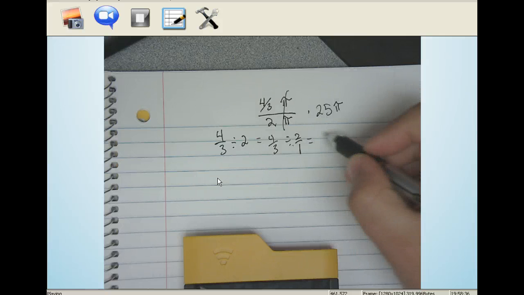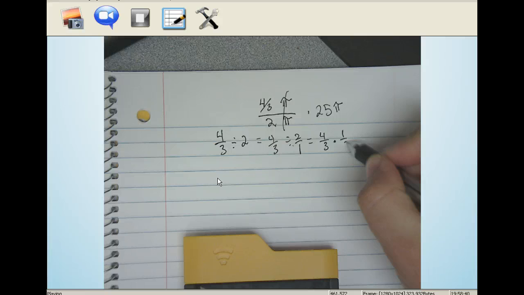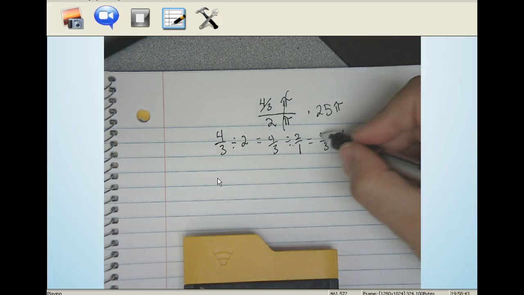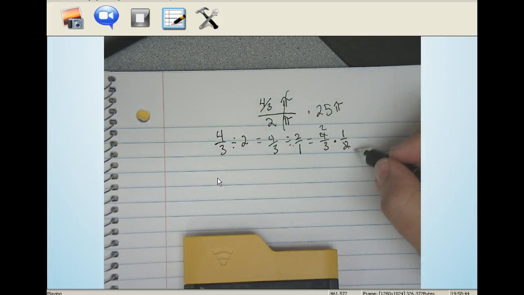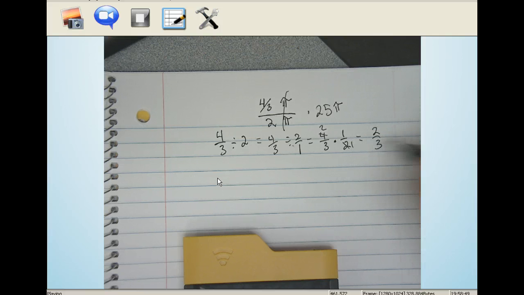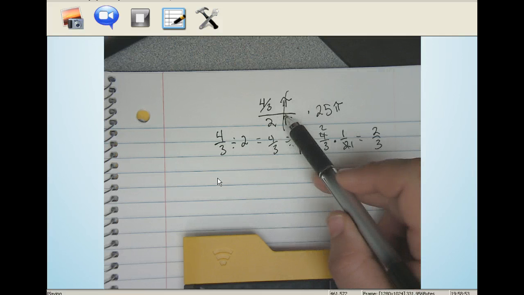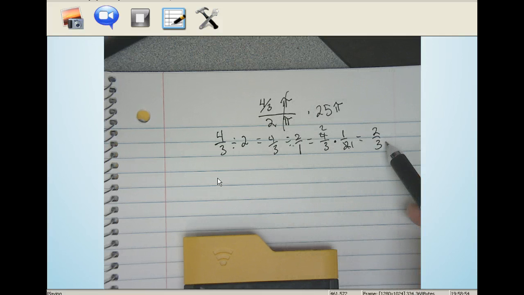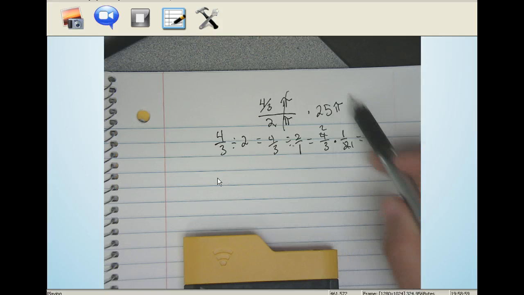So that's equal to 4/3 times 1 over 2. And then I can reduce here, so this turns into 2/3. So 4/3 pi is really equal to 2/3 of a circle. So that sector is 2/3 of the full.